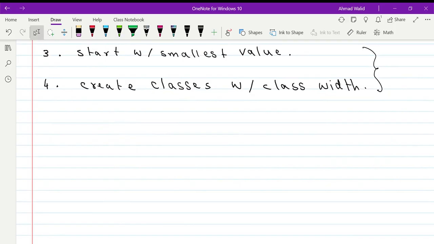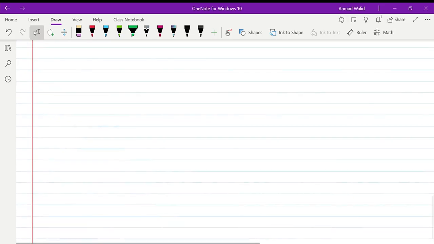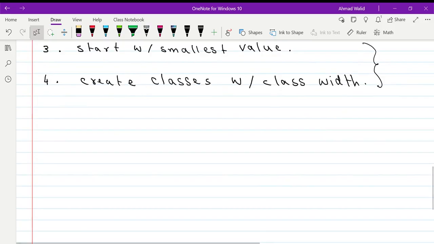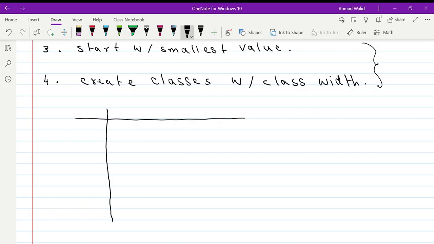I want to start a table, but I want to go a little bit down, create my table somewhere, or maybe here, it's okay. Then I move up and down. I want to create a frequency distribution table for my class of 40 students on their ages, correct? I will create a table like this. My classes are about the age, right? Here I'll put age. Here I will write frequency.